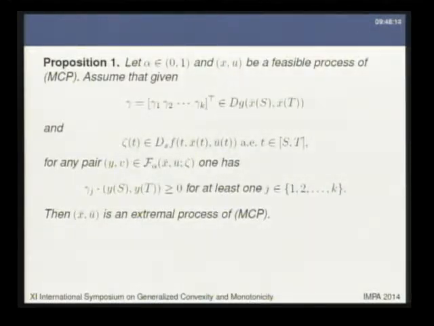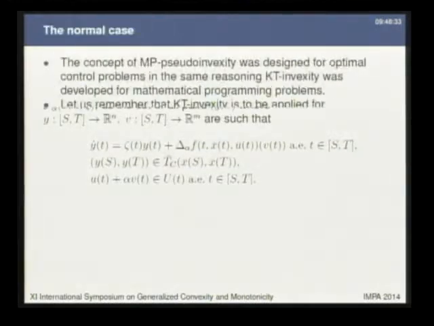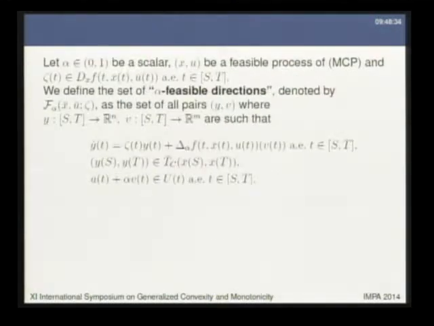Assume that given a generalized Jacobian gamma of the multi-objective function and a generalized Jacobian zeta of t of the vector field, for any pair of, I think I skipped something, sorry. Here, exactly. I skipped this slide, sorry.